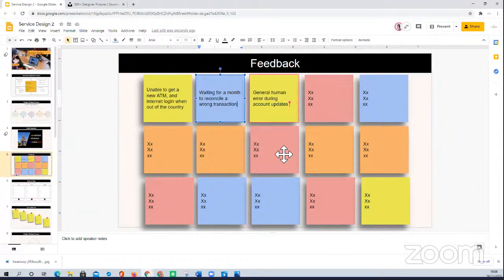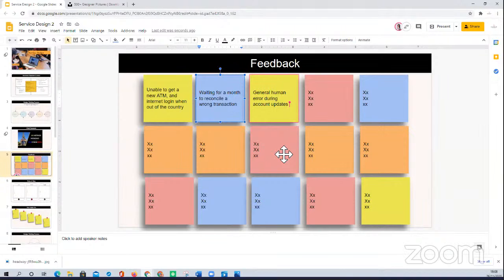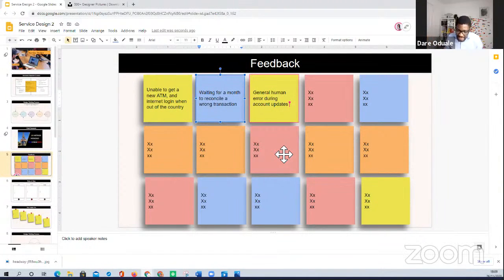Okay. So Tendai, I would capture that not just as the error itself, but more as the problem with resolving the error, which is having to travel to a different state to correct an error on the account. Something like that.